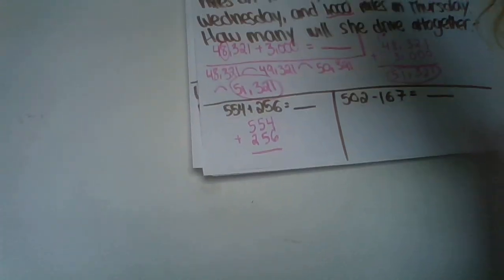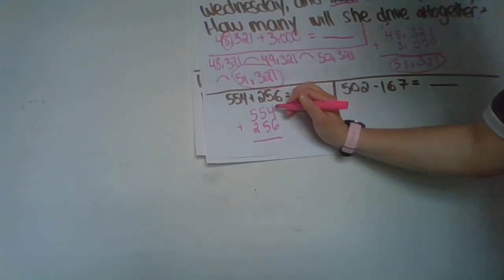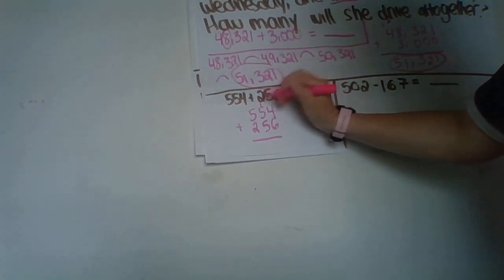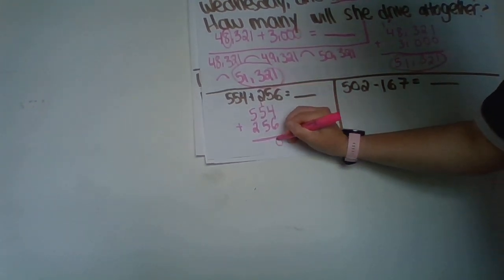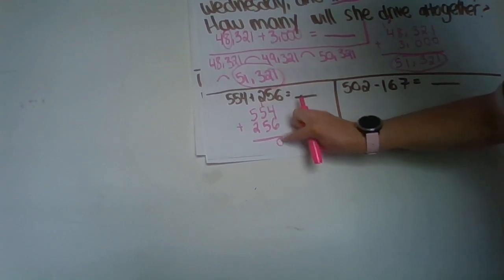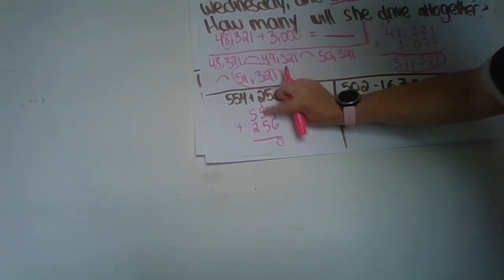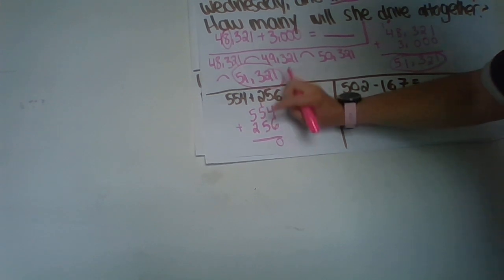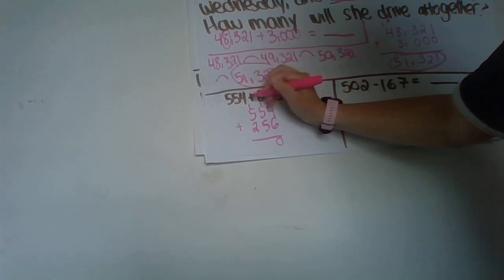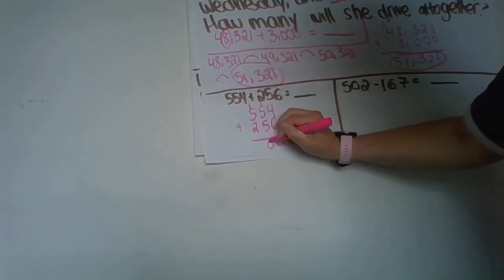Okay. So whenever I use the algorithm, I know I need to start with the ones. 6 plus 4 is 10. Can't fit all 10 in the ones category, so I have to move my 10 over to the 10 category, and then I have 0 left. 5 plus 5 plus 1 is 11. Again, you can't put them all in here, so I'm going to go ahead and add a 1 to the hundreds and a 0 here.